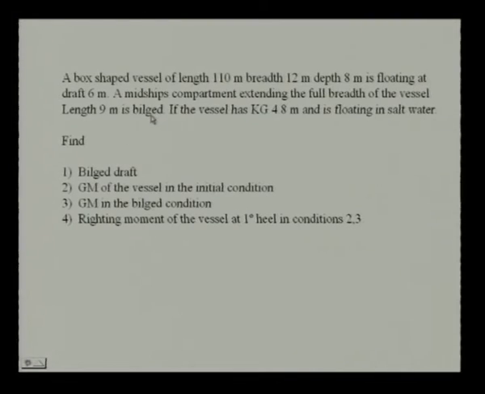The vessel has a KG of 4.8 meters and it's floating in salt water. Now you have to find the bilged draft, the GM of the vessel in the initial condition, the GM in the bilged condition, and the righting moment at 1 degree of heel in the initial condition and the bilged condition. So this is the problem.